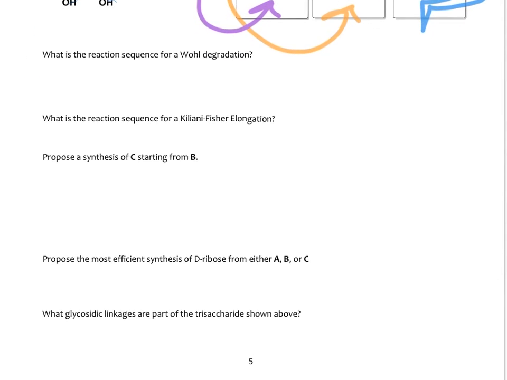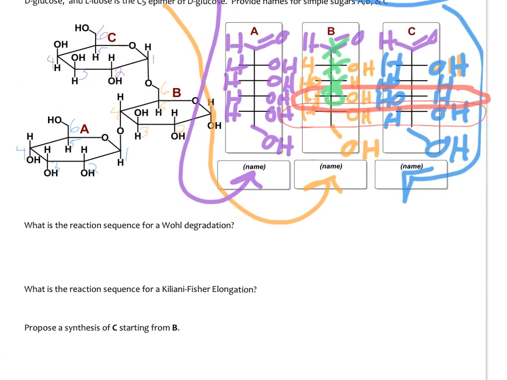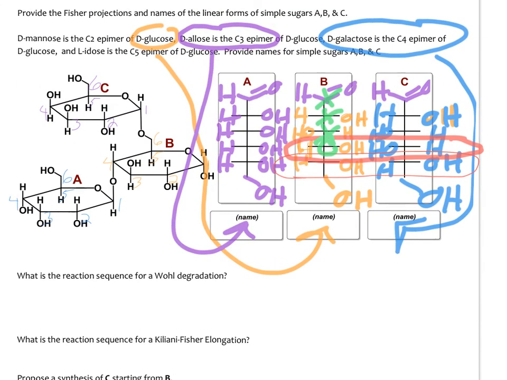Alrighty. Propose the most efficient synthesis of D-ribose from either A, B, or C. D-ribose, you should know what D-ribose looks like. It has 3 OH groups, all on the right.